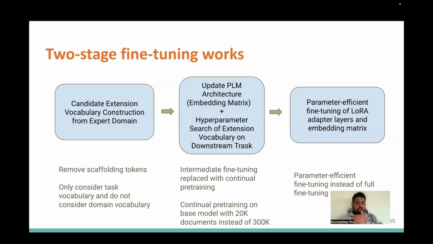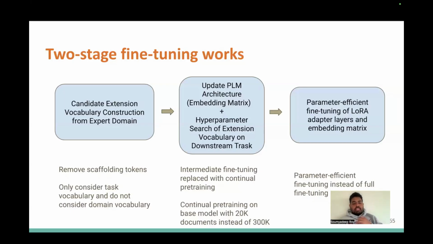So here we saw that instead of just LoRA fine-tuning, we do intermediate fine-tuning, which we call continual pre-training, because the corpus on which we are pre-training is not the summary corpus. Here we show that in the intermediate fine-tuning step, if we do just 20K, because your large language models are quite big already, they have a huge parametric knowledge which was previously missing for small language models, and that was the reason we had to do this huge amount of intermediate fine-tuning.